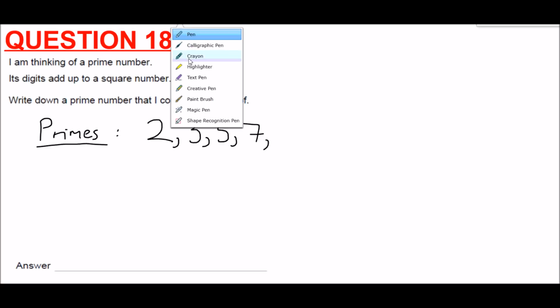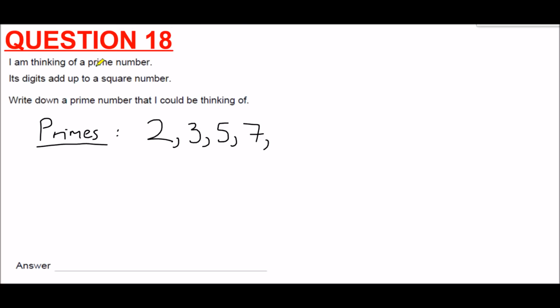So I'm just going to highlight that. A prime number, all that means is it can only be divided by 2 different numbers. It only has 2 factors.